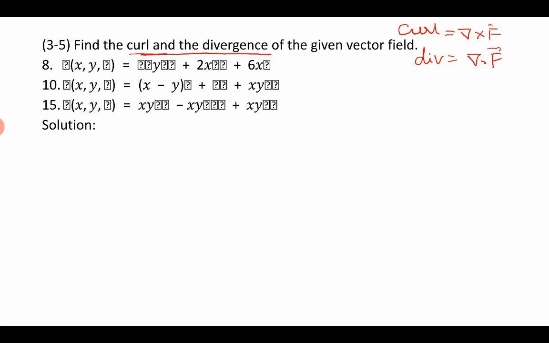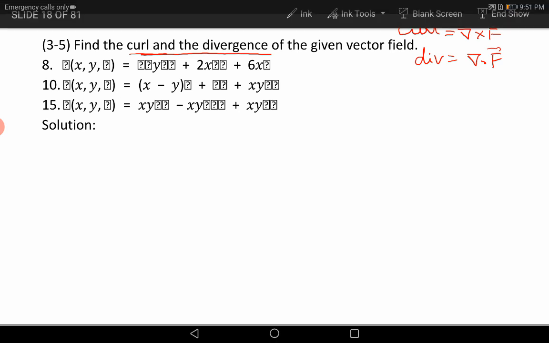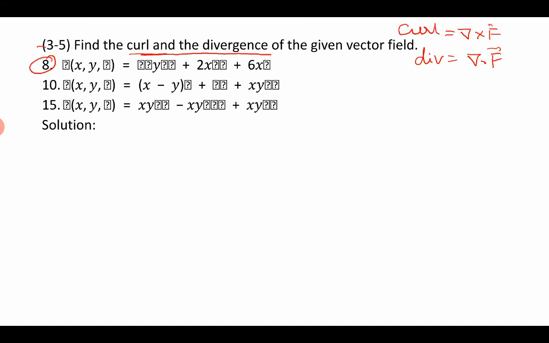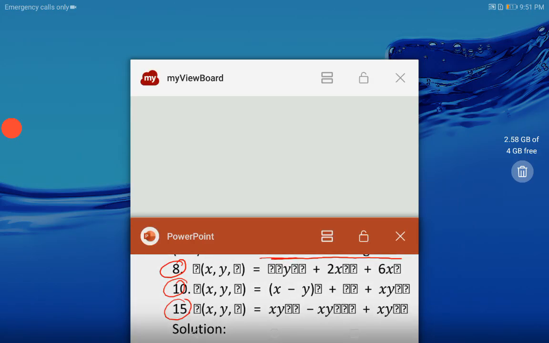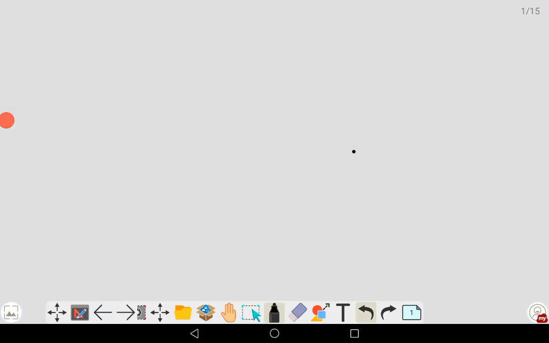I would like to write and solve the questions on a white sheet. Problem number 8, and 8, 10, 15 from the textbook. I will write separately and solve for you guys. Go to the whiteboard.